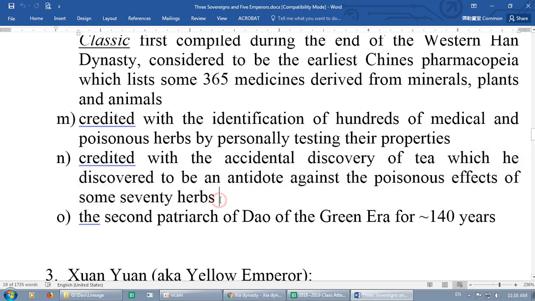Now, the story of the discovery of tea is very interesting. There are different versions; some people attribute it to another person at a later period. But supposedly, when he was testing some herbs and boiling water in a big pot, nearby there was a branch of leaves from a tea bush.